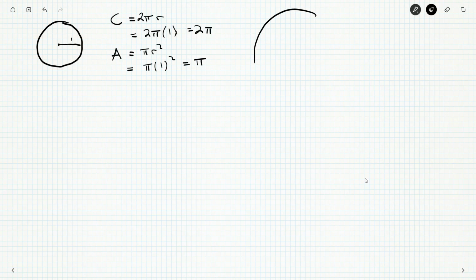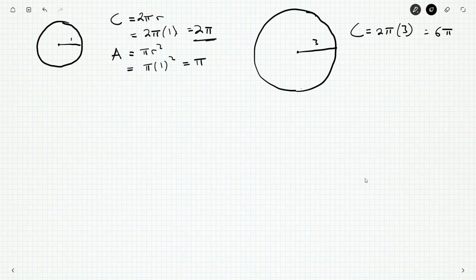And then we go ahead and we triple the radius. Okay, so if we triple 1, we get 3. So now our circumference is 2 pi times the radius, which is now 3. That's 6 pi.